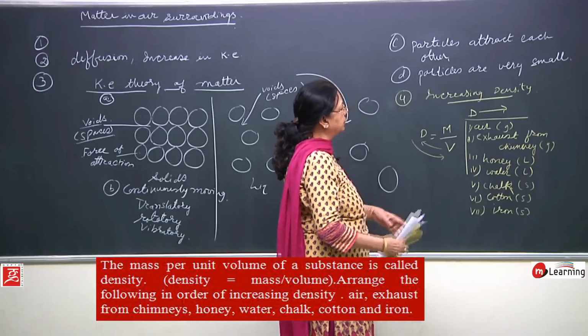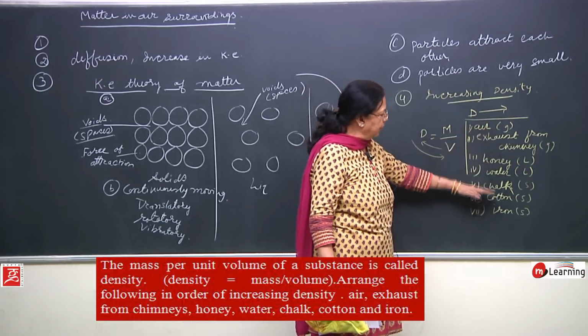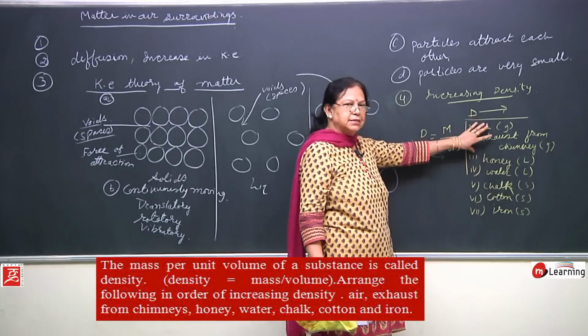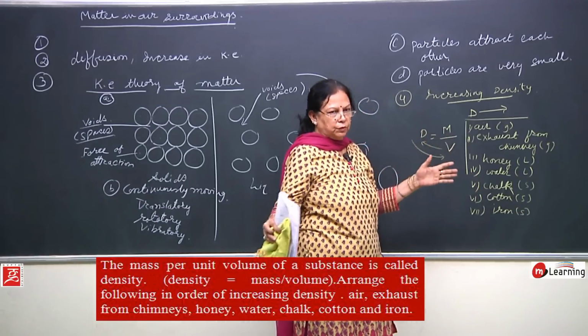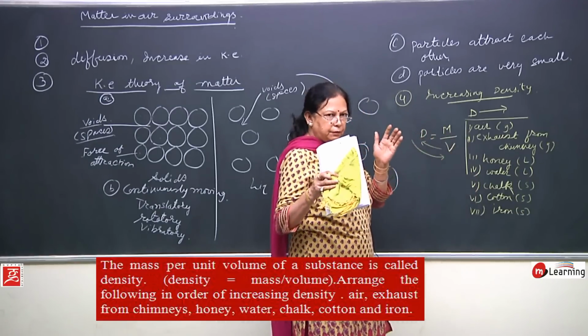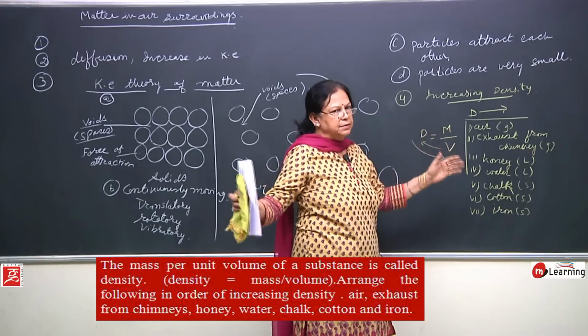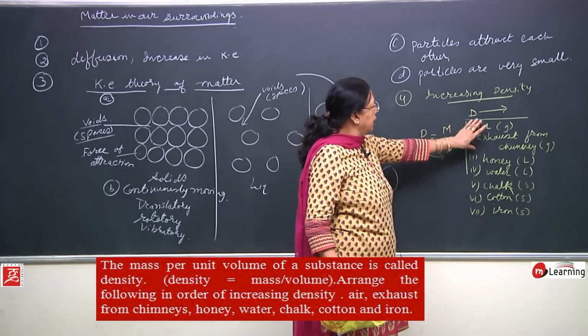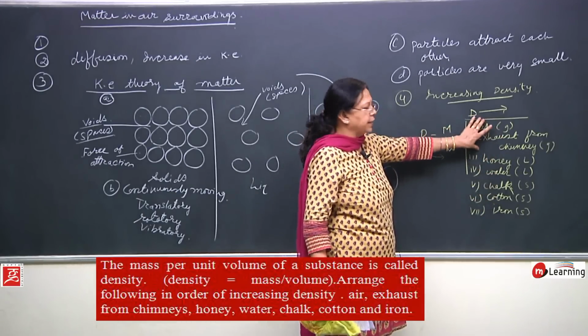Amongst all these things, we know that gases are the lightest, amongst solid, liquid and gases. Why? Because their volume is more. They occupy more of the space. The same quantity of gas can occupy this much volume and also this much volume.